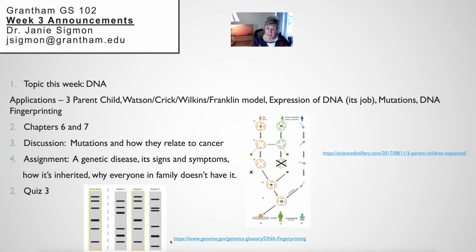So this week we're going to explore DNA. I have a few applications for you and I think a few things to mention before you get started. In the news in at least the last 6 months, there's been a lot of controversy about something called a three-parent child. So I did want to mention this because last week you learned about organelles, and a lot of you talked about mitochondria.